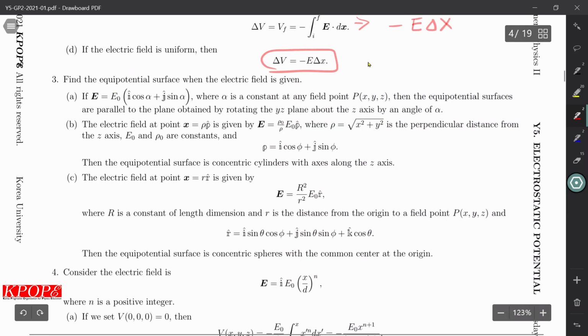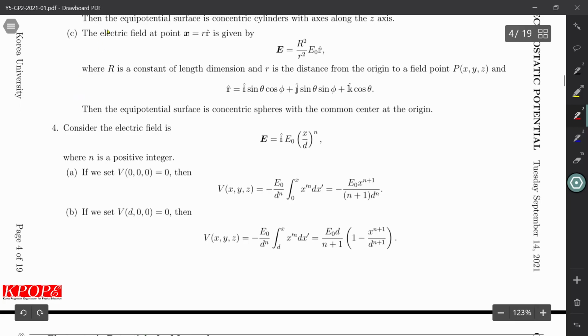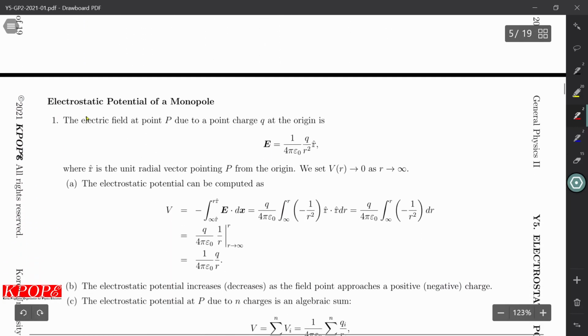You can apply this basic theory to solve problems 3 and 4.